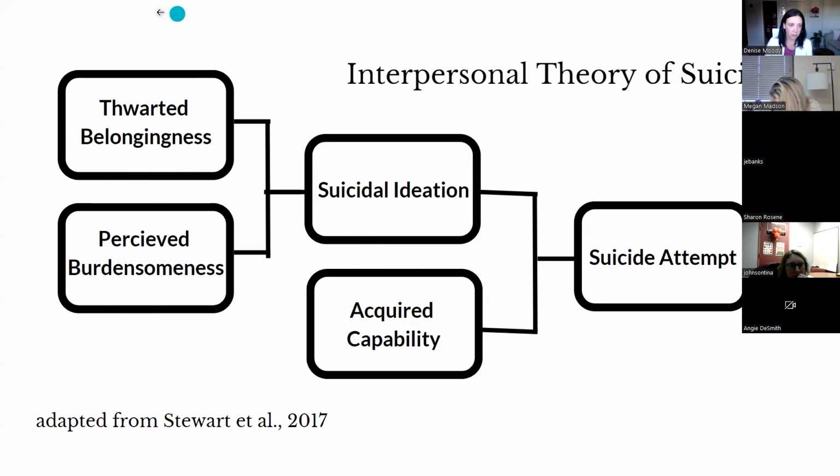So walking through this, when those two are in place, then suicidal ideation happens, when they're having ideas and thoughts around committing suicide. In order for a suicide attempt to happen, this theory would say that there needs to be acquired capability.